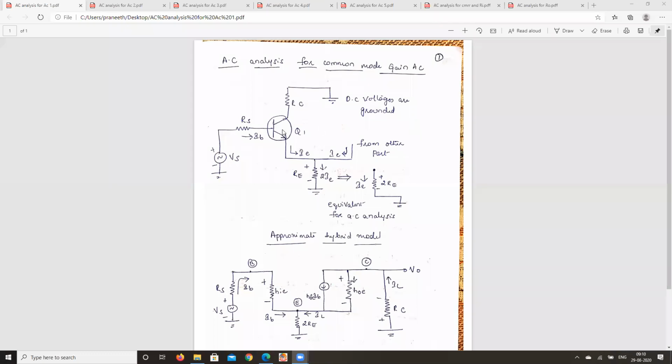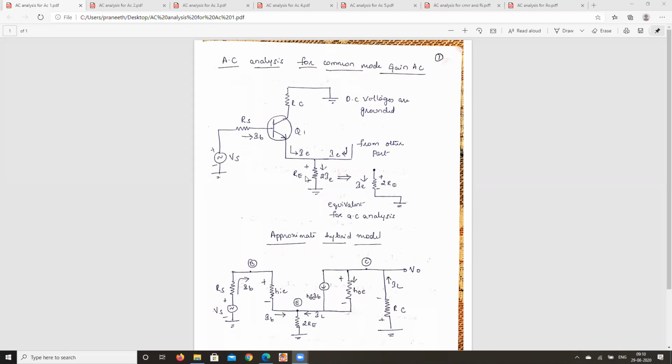Here we have considered a single transistor, and of course the input source voltage. We have also considered that the two emitter currents from the two transistors flow through the emitter resistance RE.